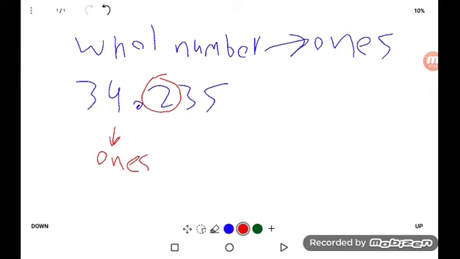If this number is 5 or greater, we round up, and if this number is less than 5, we round down. So 2 is less than 5, so the answer is 34.